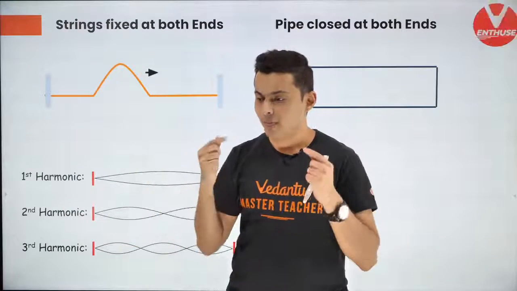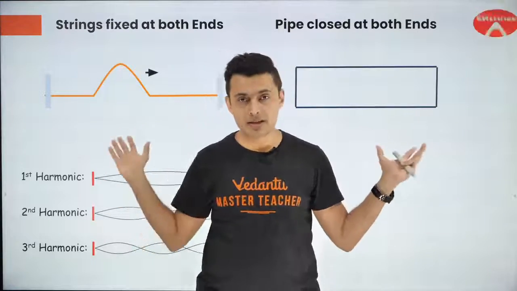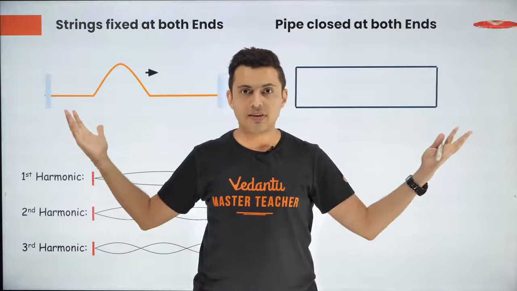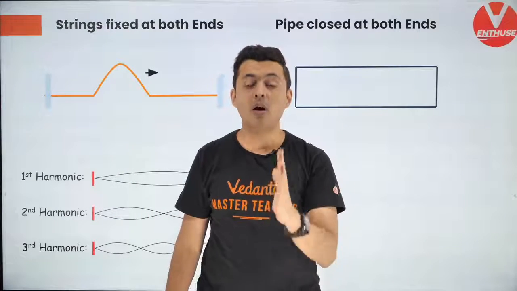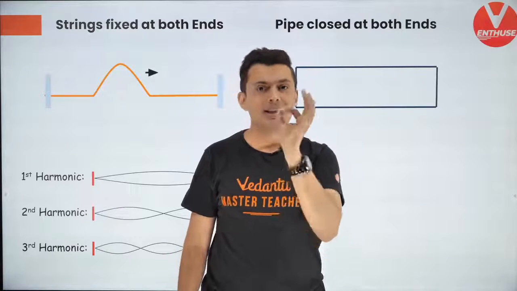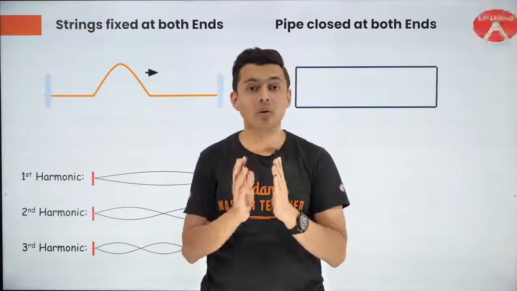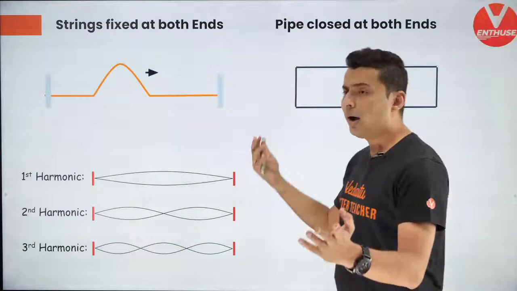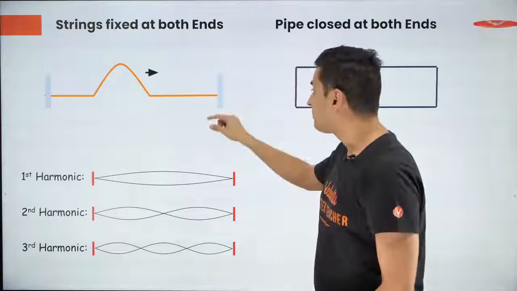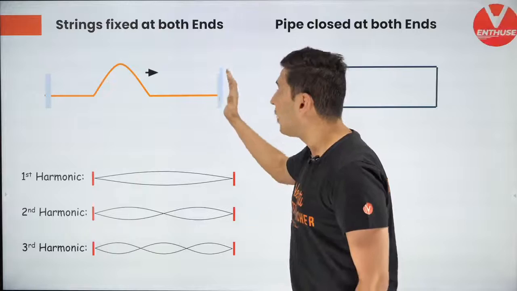Now, when you have a pipe or a string, understand wherever the end is fixed or wherever it is closed, that's where you get a node. Why? It's very easy to understand. This point is a fixed point and it cannot move up and down.